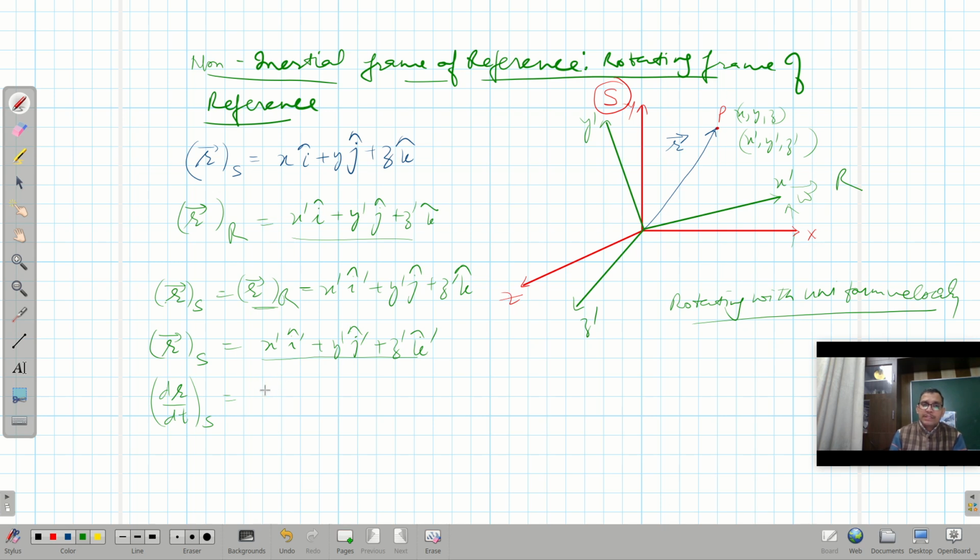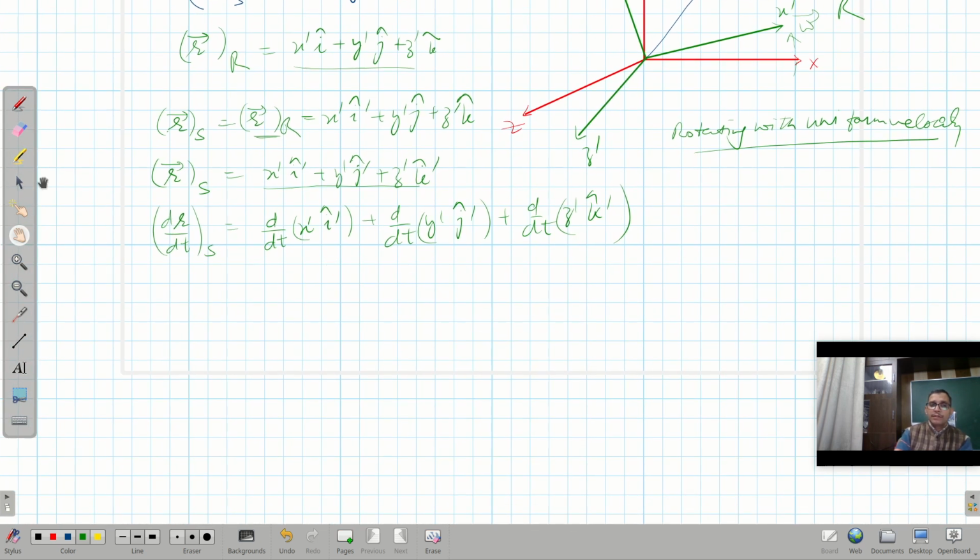So that means this can be written as d upon dt of x prime i cap plus d upon dt of y prime j cap plus d upon dt of z prime k cap. It can be written like this. So what it will be?